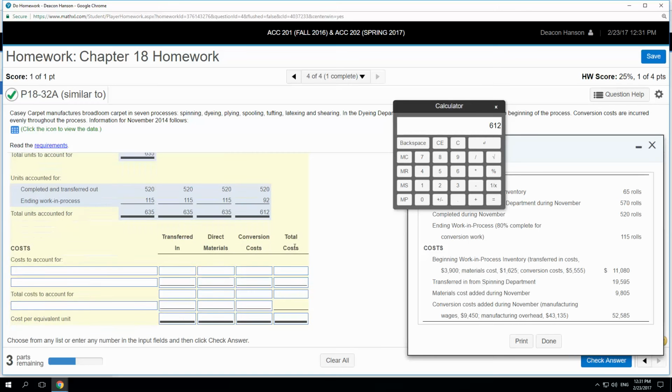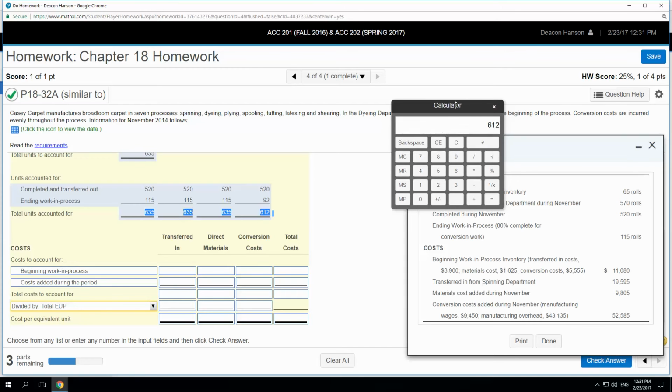So same idea, we're going to have a beginning work in process in terms of cost, and then we're going to have a transferred in, which is really the cost added during the period, right? And then we're going to end up dividing by the equivalent units that we figured out up top here. Okay, once we've accumulated all of those costs, okay, cost to account for.